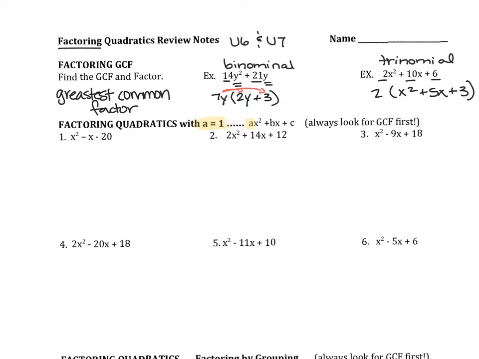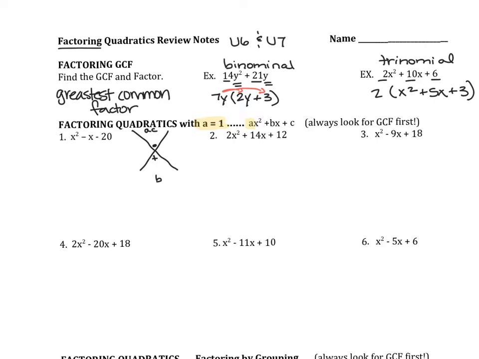Last year we worked on the diamond method, the x method, and so we would create our x or our diamond to help us with our work. And the top of my x would be my a times c, and the bottom of my x would be my b term. The top of my x is the number that my side numbers have to multiply to, and the bottom number is what my side numbers have to add to.